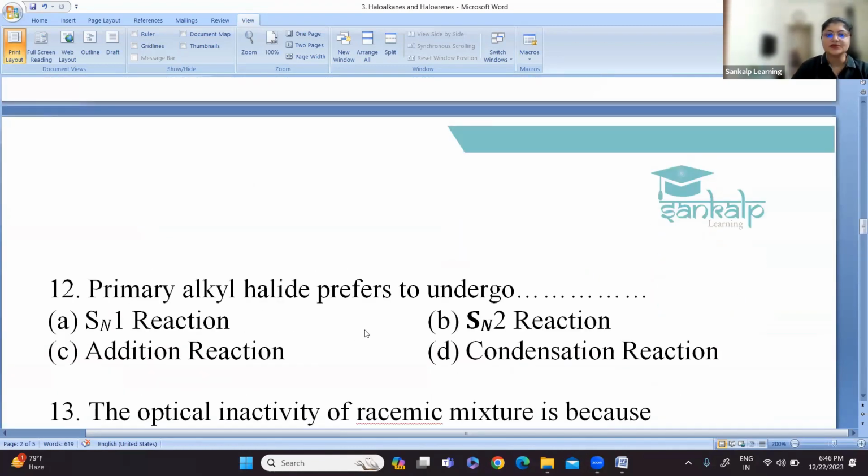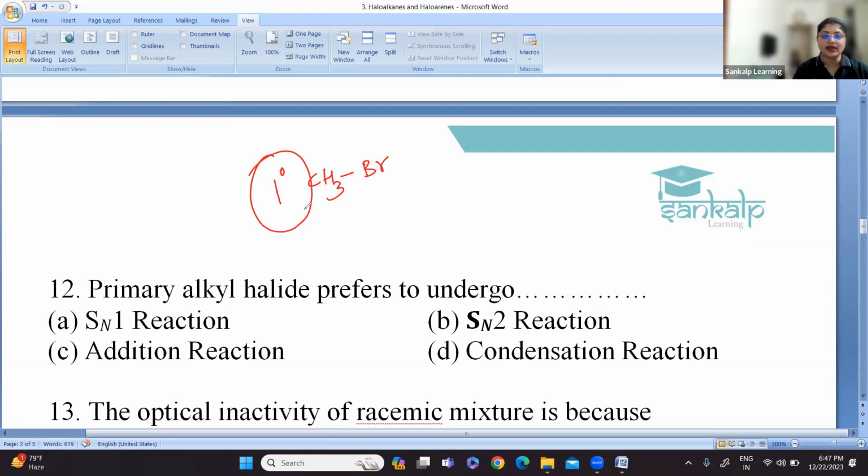Primary alkyl halides prefer to undergo. Suppose I have a primary alkyl halide. I take methyl bromide. Okay. So what will it undergo? SN1 reaction, SN2 reaction, addition reaction, or condensation reaction? Yes. When you have a primary alkyl halide, remember the reactivity.